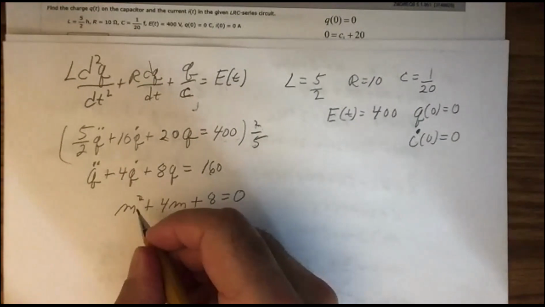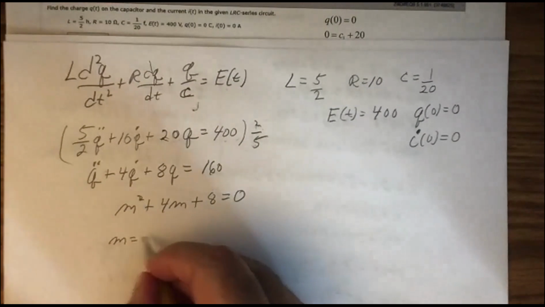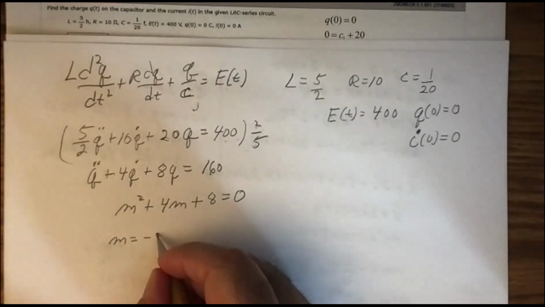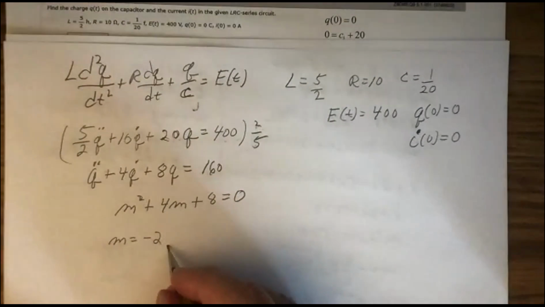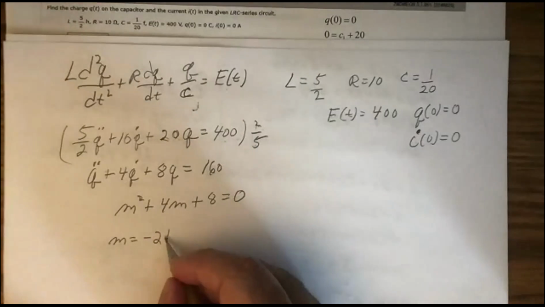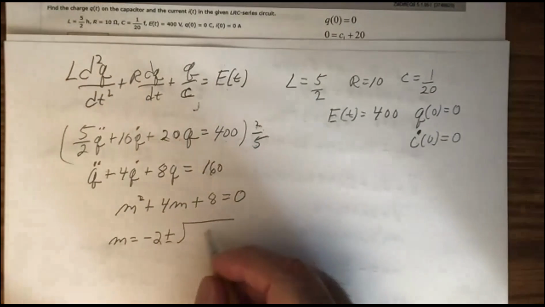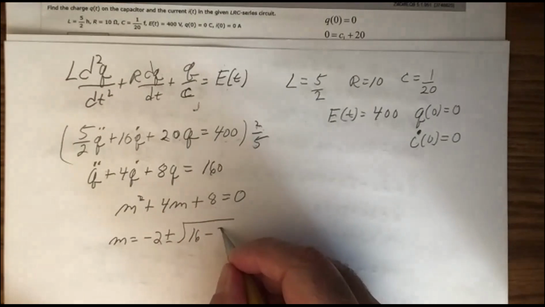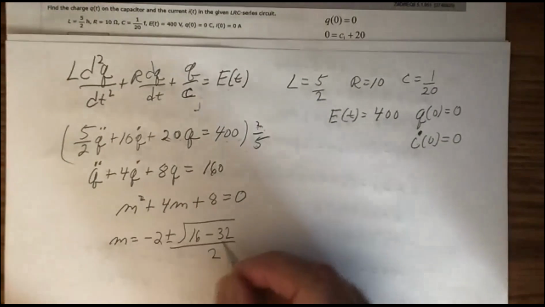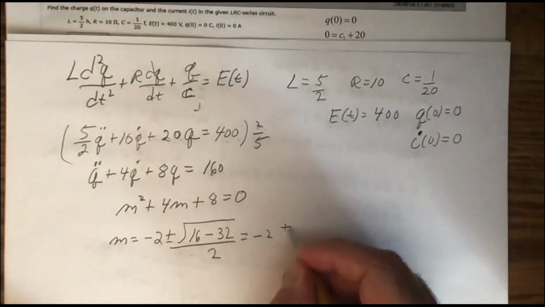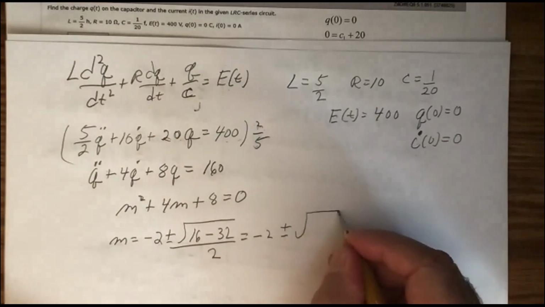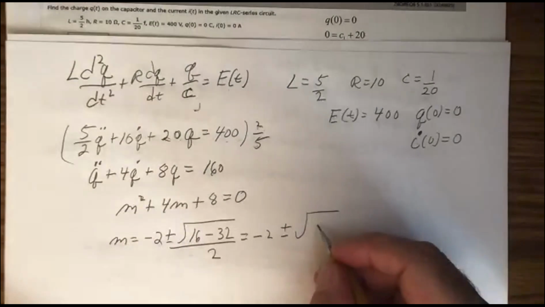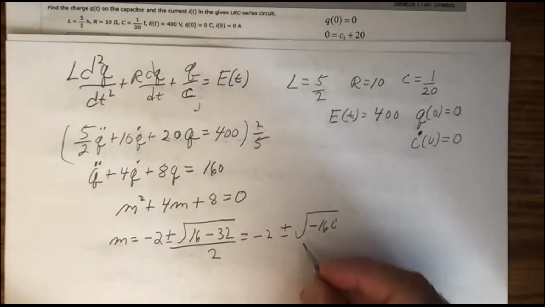So m is equal to minus 4/2, which is just minus 2, plus or minus the square root of 16 minus 4 times 8 times 1, which is 16 minus 32, all over 2. So it's minus 2 plus or minus the square root of minus 16, which is 4i, divided by 2.